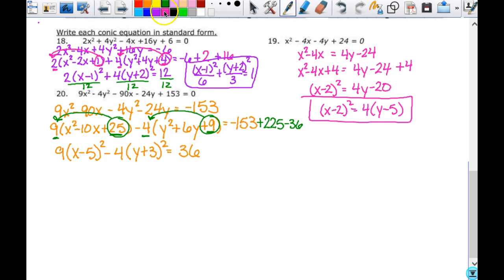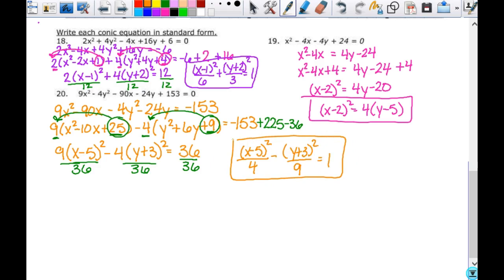So then I divide everything through by 36. I reduce this to become x minus 5 squared over 4 minus, reduce this to get me y plus 3 squared over 9 equals 1. And there you go.